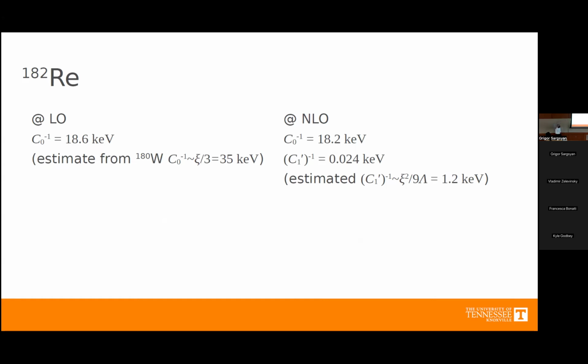In looking at the next to leading order description here, we see that the C0 that we fit is relatively close to what we got for leading order, and the associated constant for deformations of the core beyond that is seemingly smaller than one would expect, and we will see that a couple more times here.